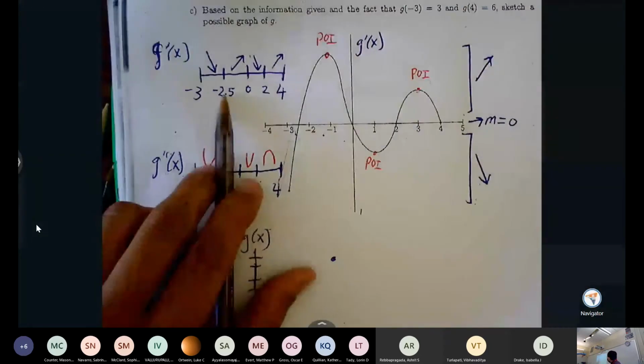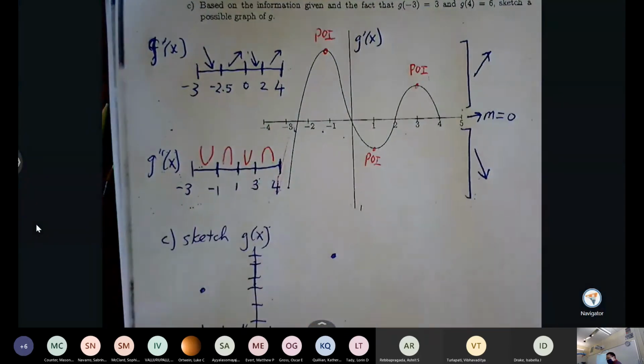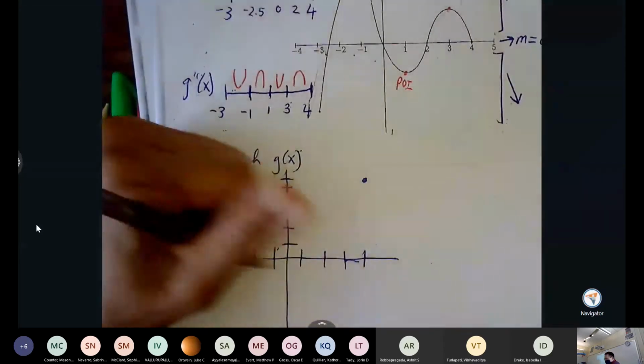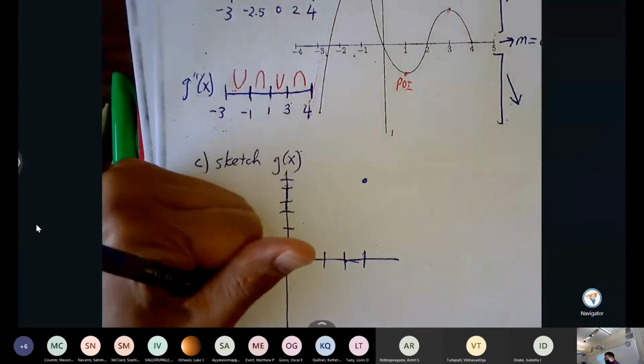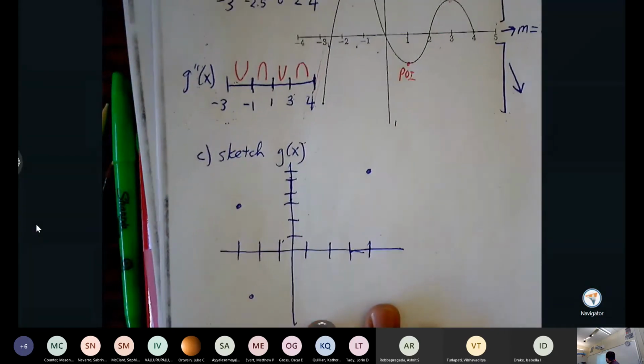So I want a relative min at negative 2.5. Right now, we don't really care where that point is. But for me, if I'm going to pick a relative min, I'm going to pick a point relatively low on the graph just to make it more obvious. So at negative 2.5, I'm going to pick a point somewhere near the bottom of my coordinate plane.